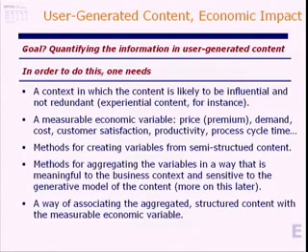So the purpose of this broader research program is to quantify the information contained in user-generated content and see if one can associate it with some measurable economic impact. What do you need in order to do this? First of all, you need to pick a context in which the content is actually likely to make a difference.